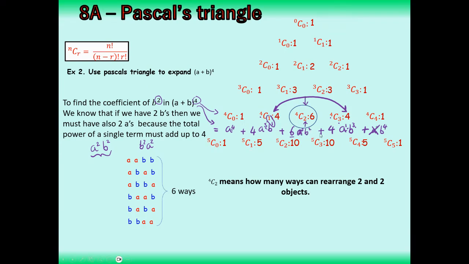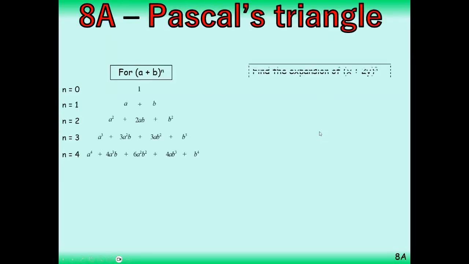Okay, so let's look at yet another example here. These are more like the questions you'll be asked to answer. Find the expansion of x plus 2y cubed. So we have that Pascal's triangle. You must have made a note of it by now.